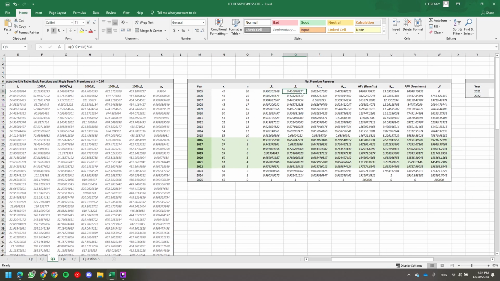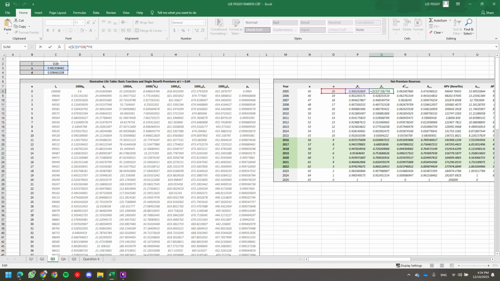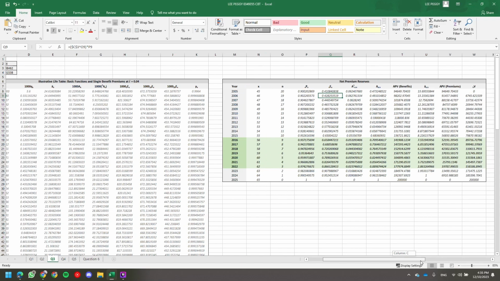For any x, we just use v, which is calculated here with i equals 0.04, raise it to the power of n, and then multiply by npx.